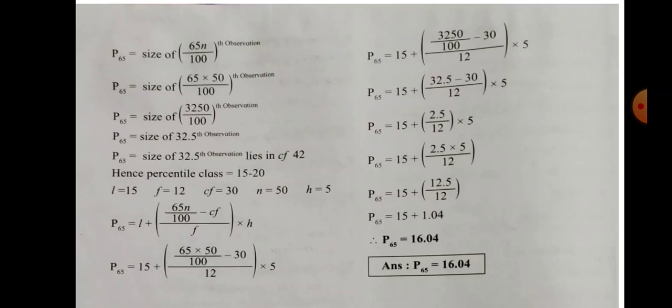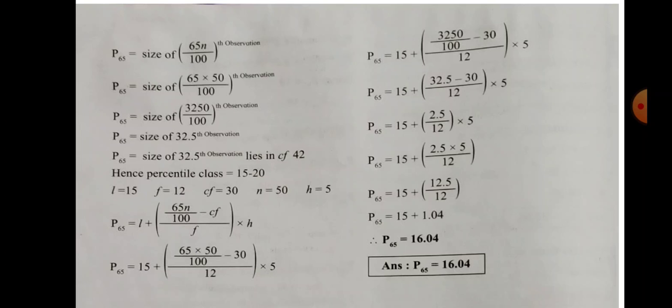In the next step, P65 is equal to 15 plus (3250 divided by 100 minus 30) divided by 12, into 5. Next, P65 is equal to 15 plus (32.5 minus 30) divided by 12, into 5. Next, P65 is equal to 15 plus (2.5 upon 12) into 5.